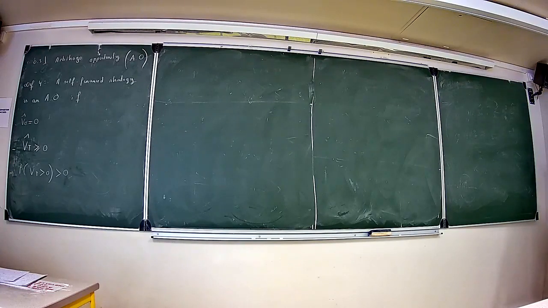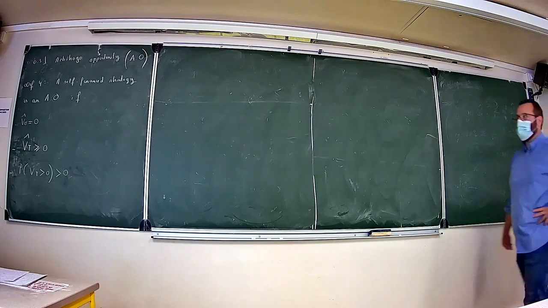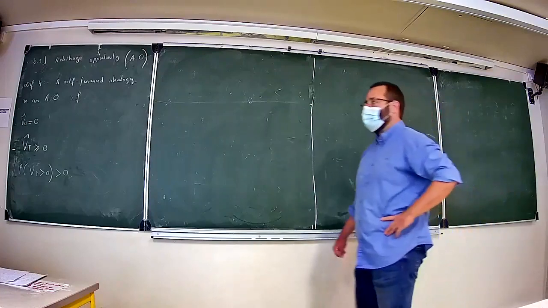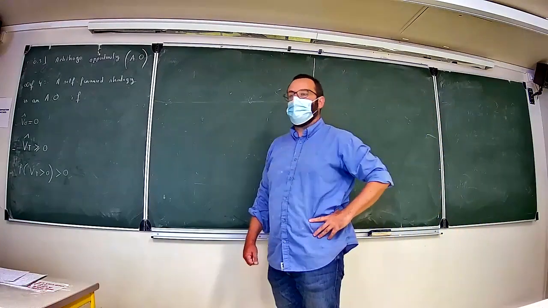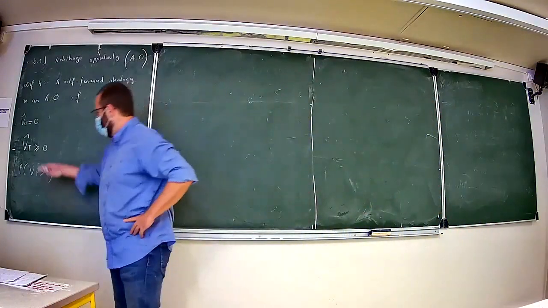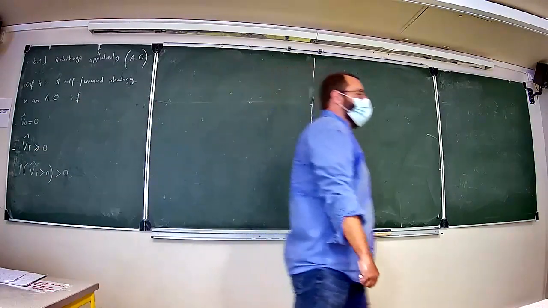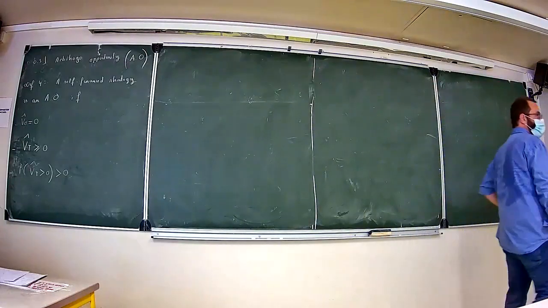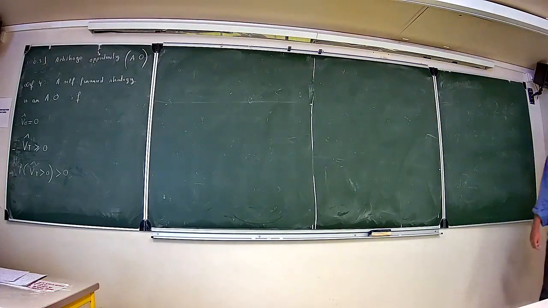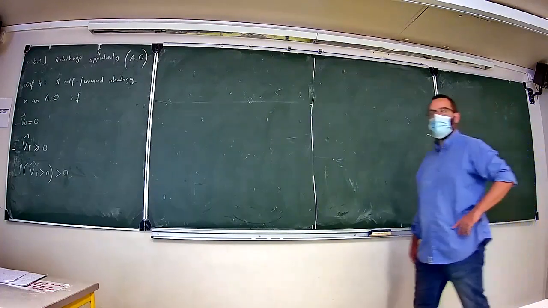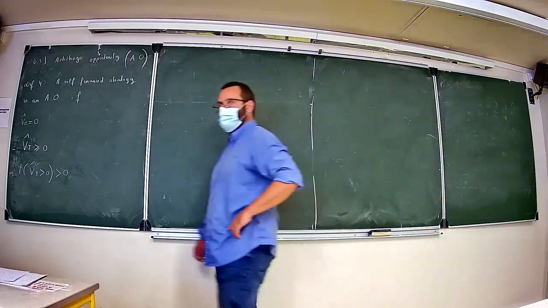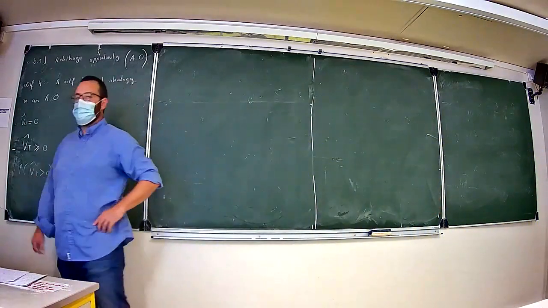So what is the financial meaning of this? I start from nothing. At capital T, I never lose money. And here it means that, so I can put a hat here for the moment, I have real opportunities of profit. That is, the probability that I win money is strictly positive. It's what we will call an arbitrage opportunity.